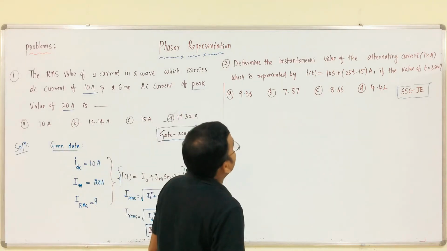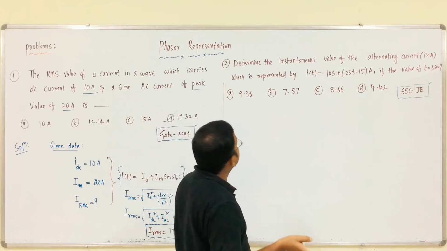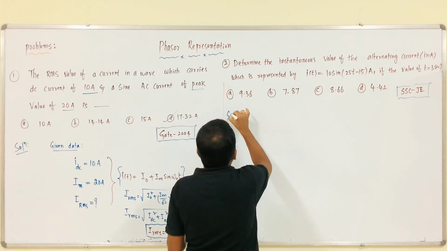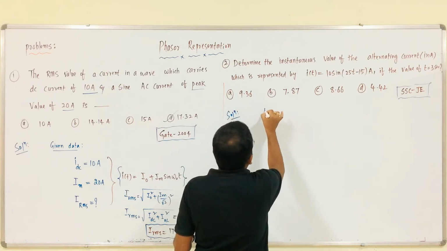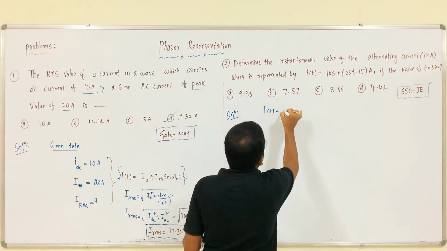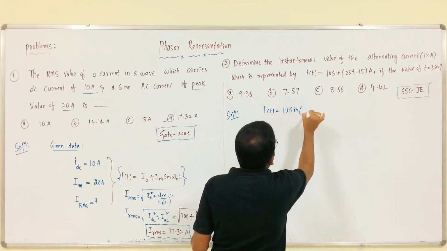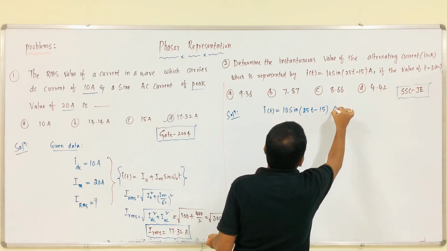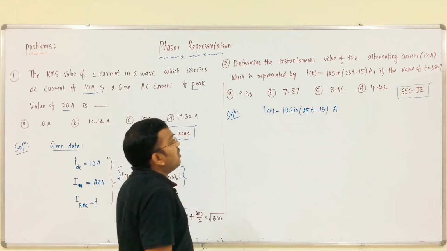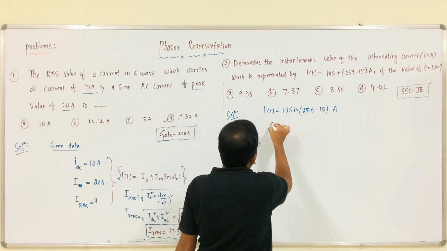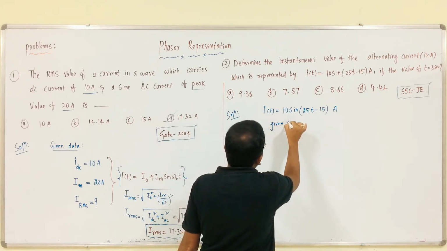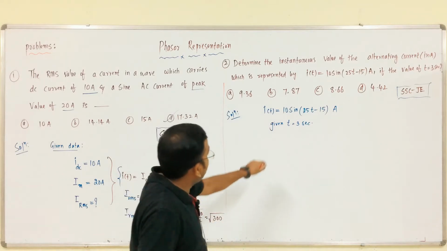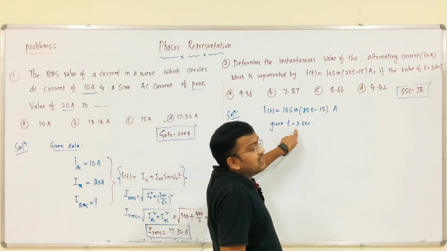Determine the instantaneous value of alternating current in amps, which is represented by i of t is equal to 10 sin(25t minus 15) amps. For the given value of t, we have to calculate the instantaneous value of current.